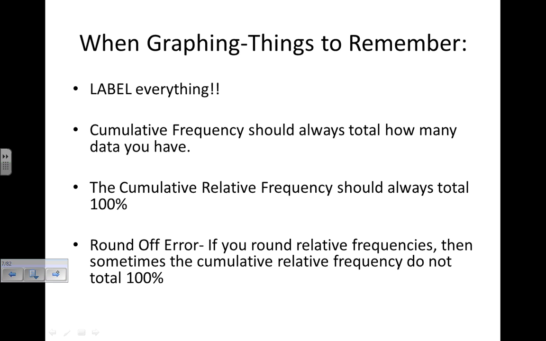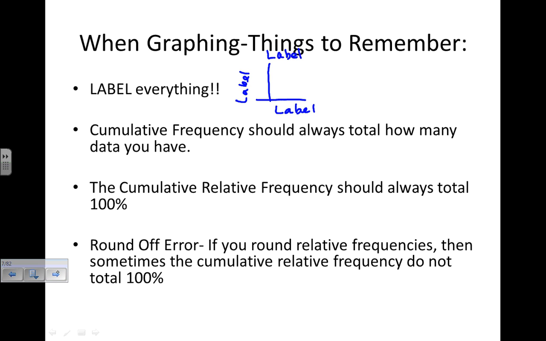All right, so when you're graphing things, you have to remember, label everything. So label, and give an overall label. Okay, so make sure you are labeling everything. Cumulative frequency should always total how many data you have.